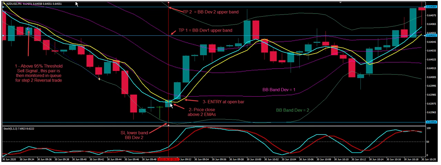So for now, the idea is we get the currency pair that hits the threshold. We wait and monitor until we get the signal bar closing above the two EMAs altogether. Then we open on the next bar, with stop loss here, take profit number 1 at the upper band of deviation 1, and take profit number 2 at deviation 2.